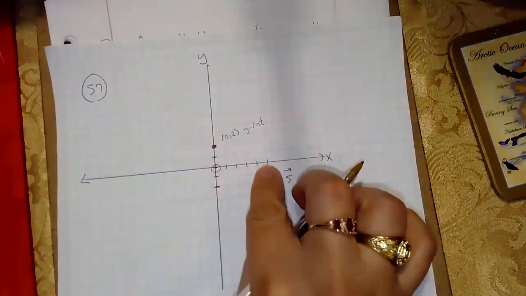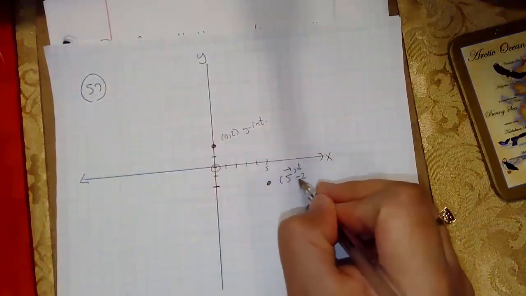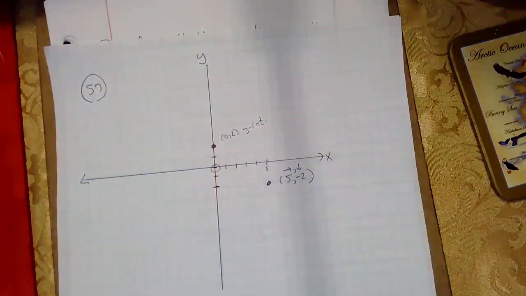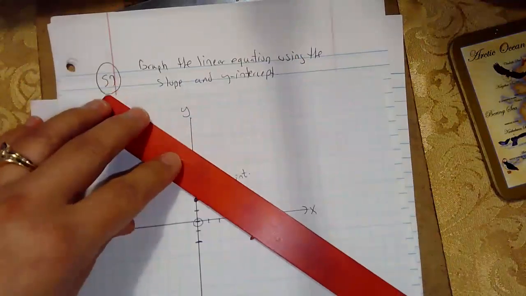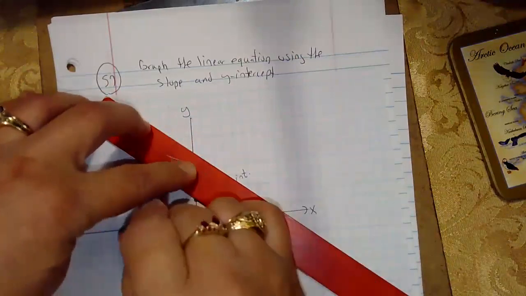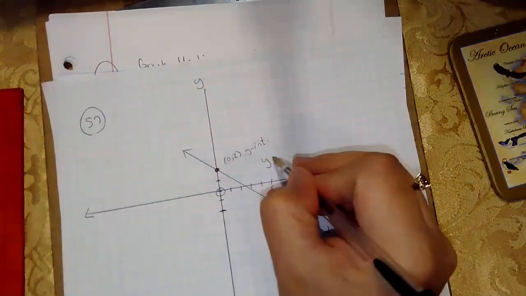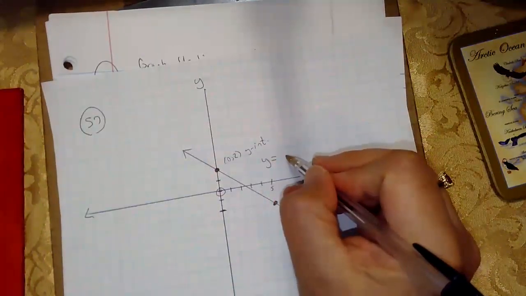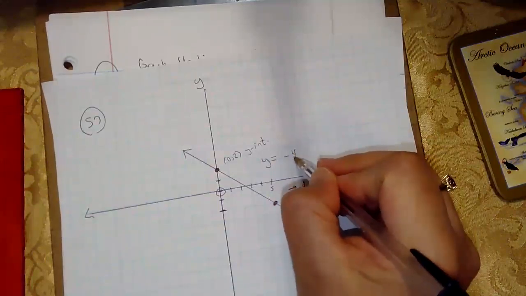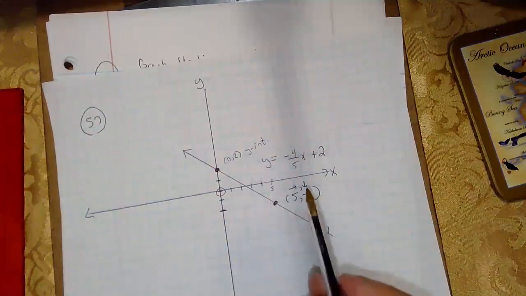So this is 5, and then we have to go down to negative 2. And through any 2 points, you can draw a line. They didn't ask us to do a checkpoint here, because we're using slope-intercept, y equals negative 4/5 x plus 2. That negative that was in the middle, I just pushed to the top. Apply it once.